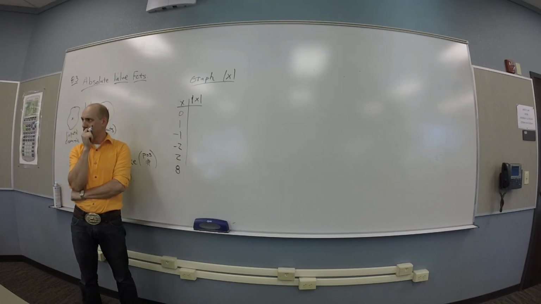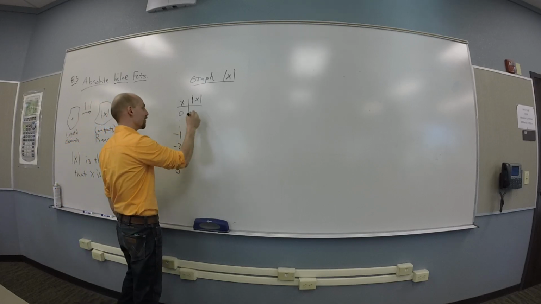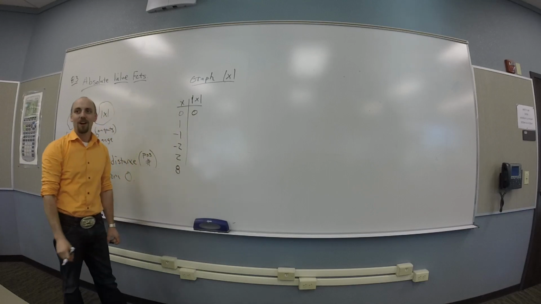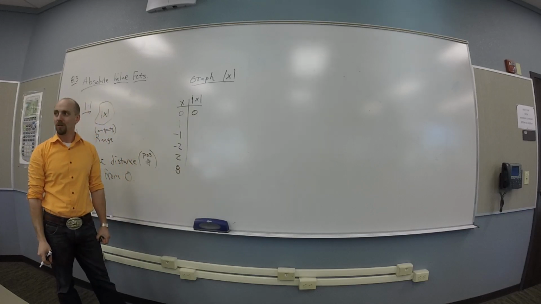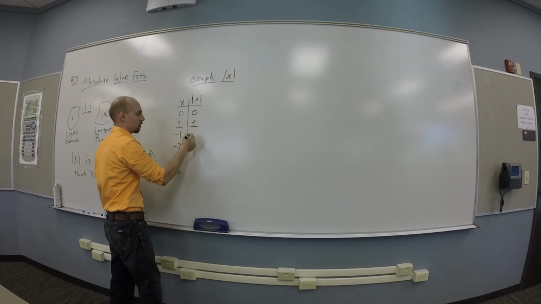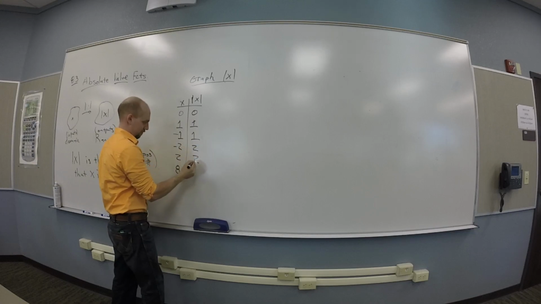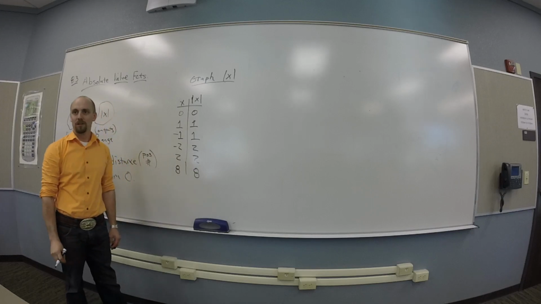How do you know that? 0 is 0 away from 0, is the phrase you want. How far is 1 away from 0? 1. How far is negative 1 away from 0? 1. And 2 is 2, and negative 2 is 2.